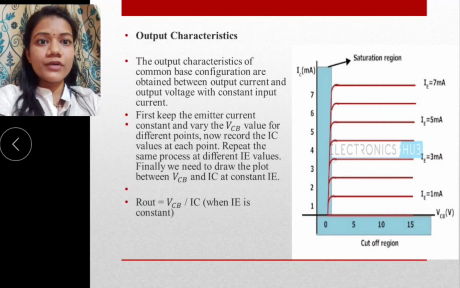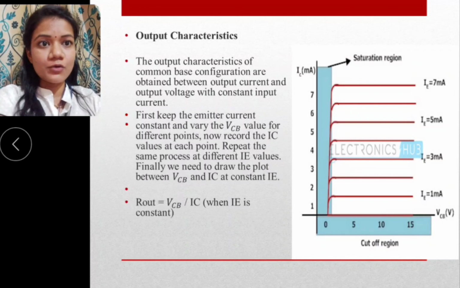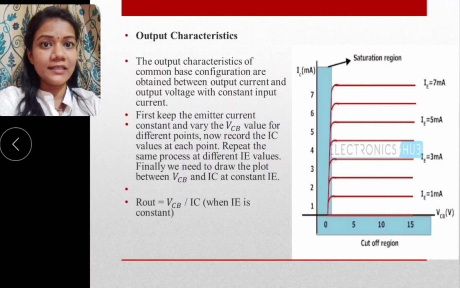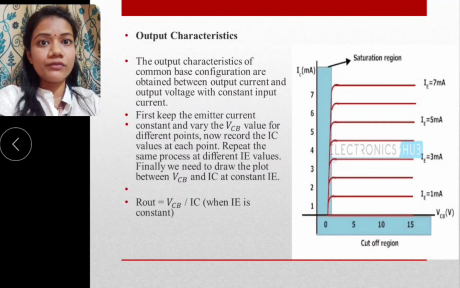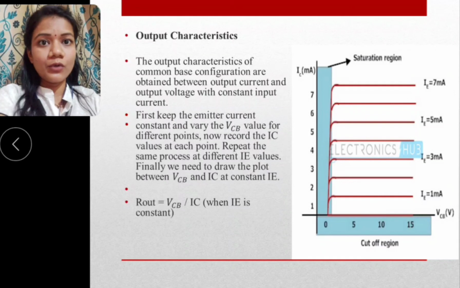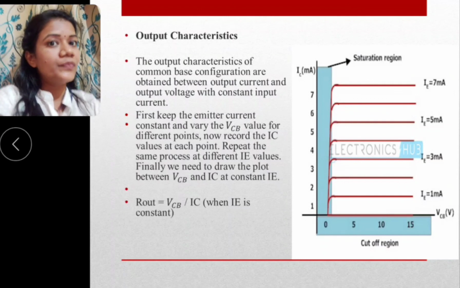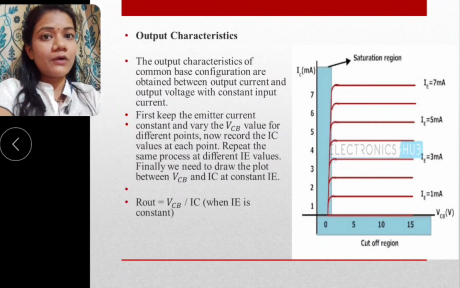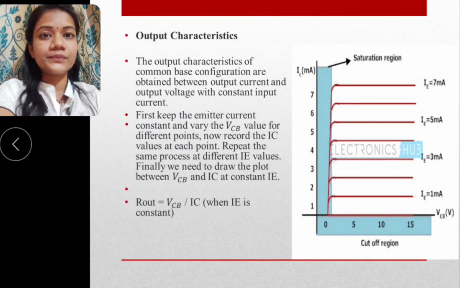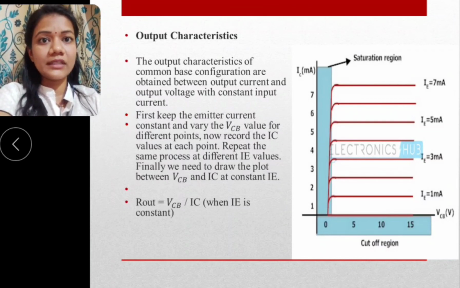First we vary the value of VCB, that is output voltage, then measure the current IC at constant values of input current IE. So Rout is equal to output voltage upon output current, that is VCB upon IC at constant IE. So this is the output characteristics of common base configuration. Next we will see the common emitter configuration and common collector configuration.